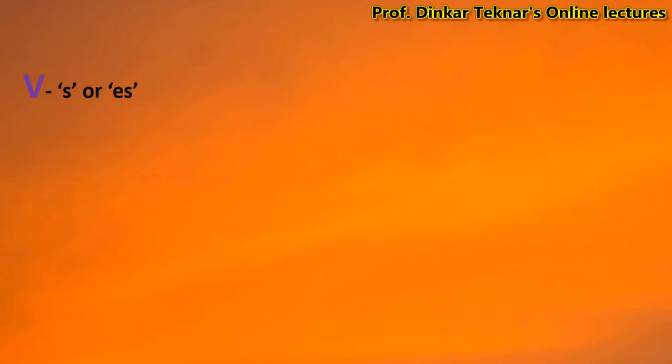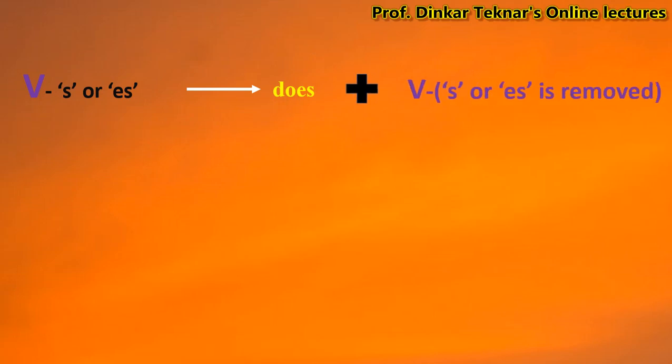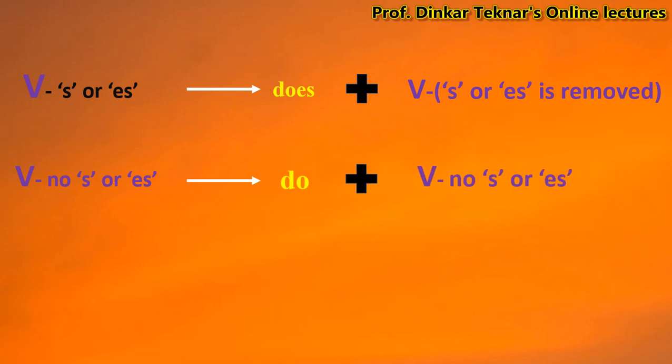When the main verb is with s or es, the auxiliary verb does is used, and when does is used, the main verb becomes bare, that is, s or es is removed. When the main verb is in present tense with no s or es, the auxiliary verb do is used and the main verb remains the same, that is, without s or es.